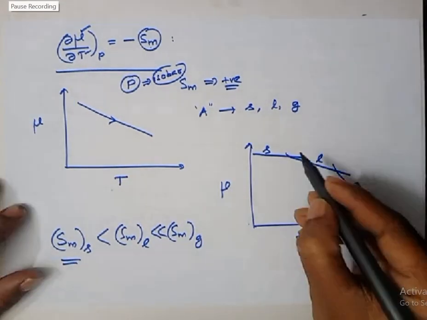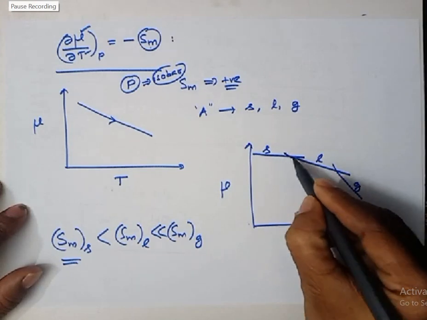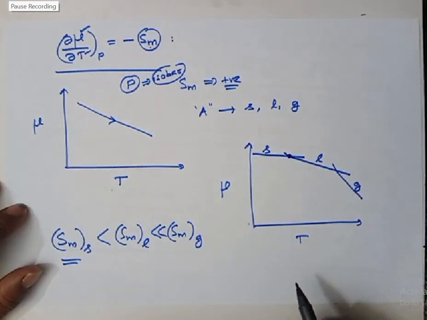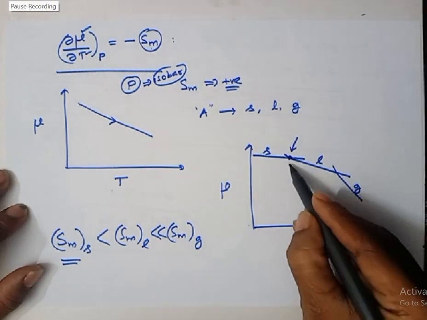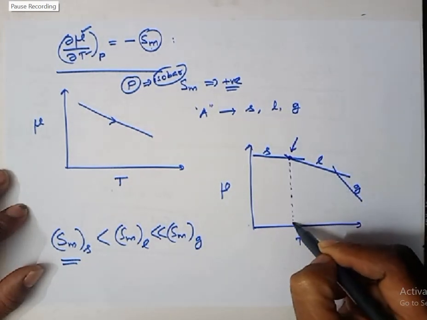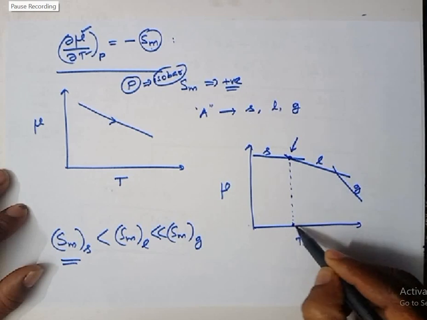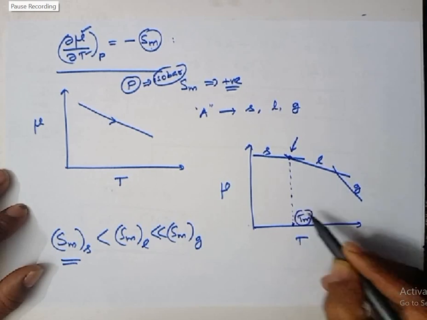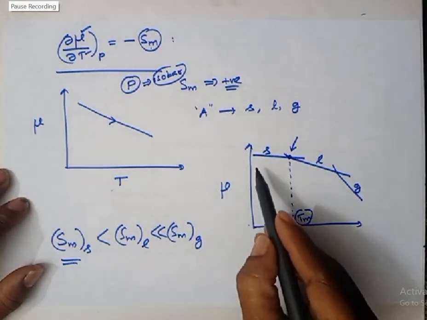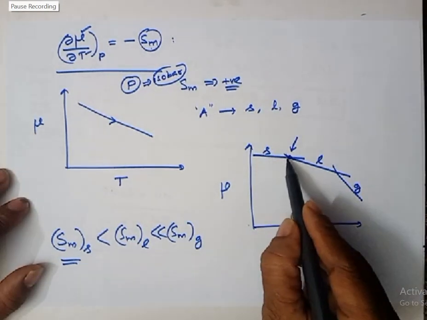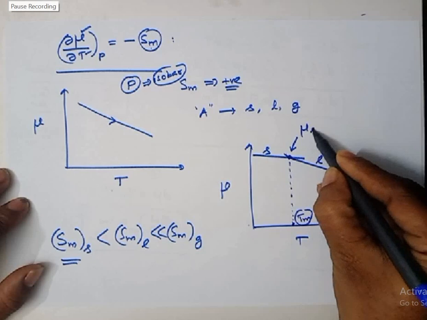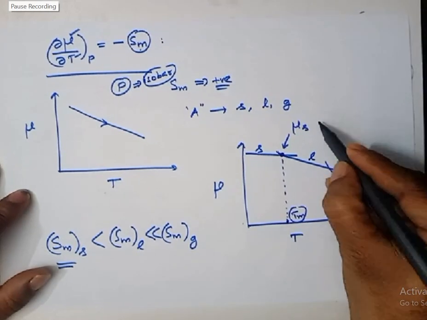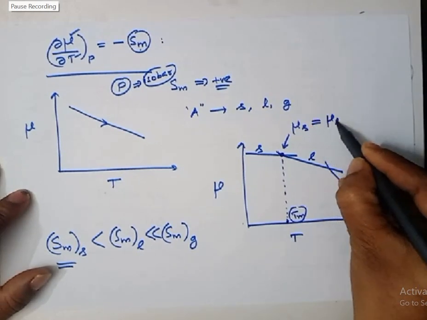See, at this point, these two straight lines cross. The temperature corresponding to this point is called the melting point of the solid. As you increase temperature, the solid melts and becomes liquid. At this point the chemical potential of the solid is equal to the chemical potential of the liquid.